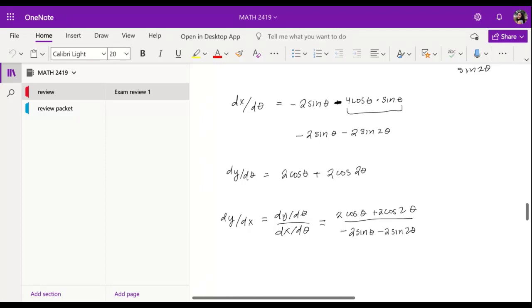We can simplify this by taking out the 2's in the front, as well as the negative sign, and that comes out to negative cosine theta plus cosine 2 theta over sine theta plus sine 2 theta.